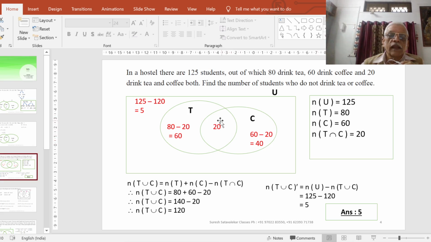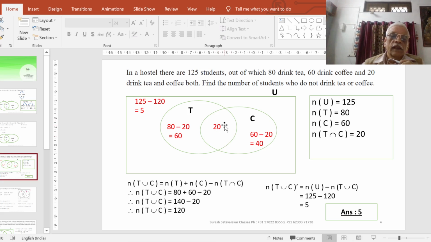So this is 20. As we did before, number of students taking coffee are 60, out of which 20 are written. So 60 minus 20, so 40 are there who take only coffee, no tea. Likewise here, number of students taking tea are given as 80, out of which T intersection C is given as 20.